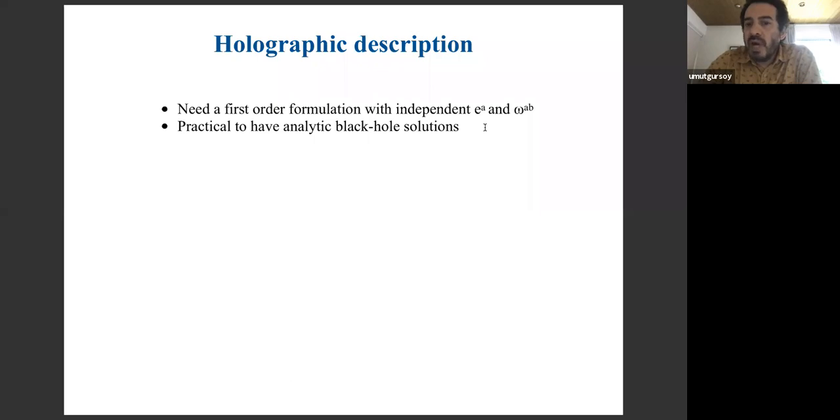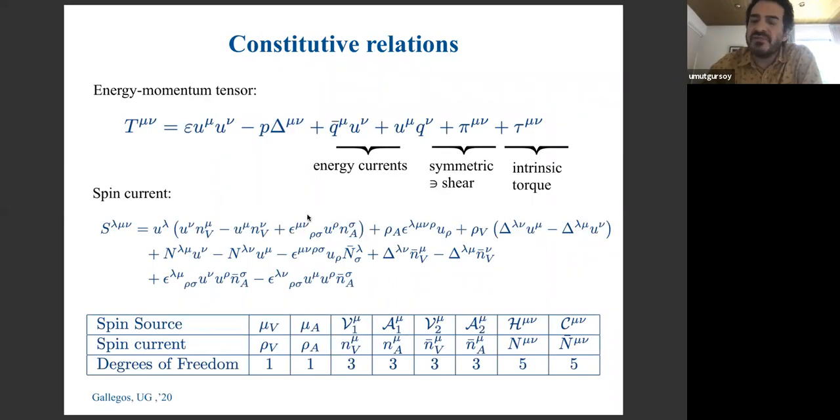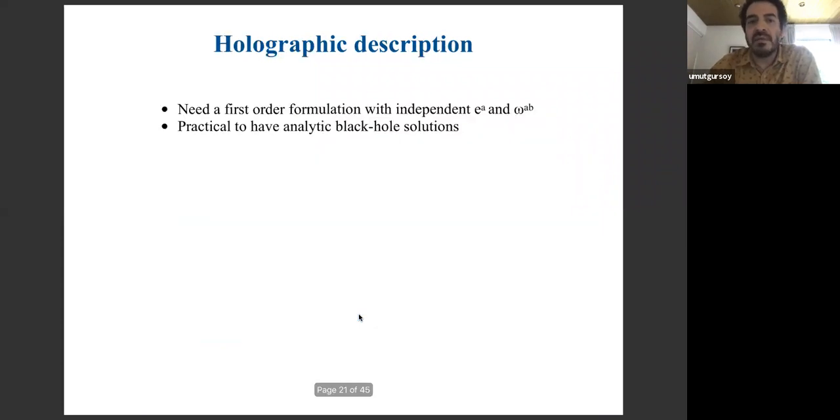What I also want from this first order gravitational theory is analytic solutions, because without analytic solutions it's almost impossible. If you have seen all these index structures, this is really hard to keep track of by just numerics. So it's really nice to have some analytic power.